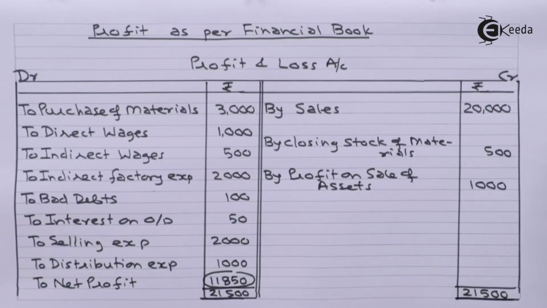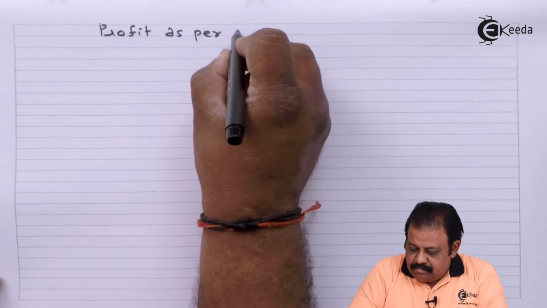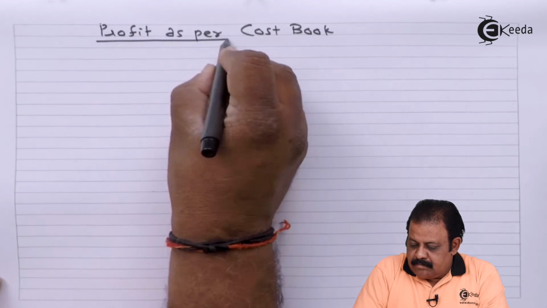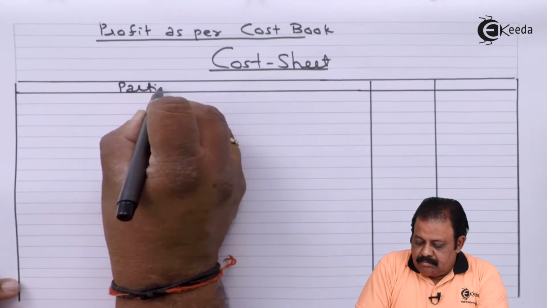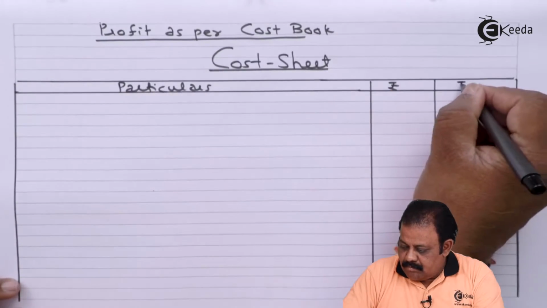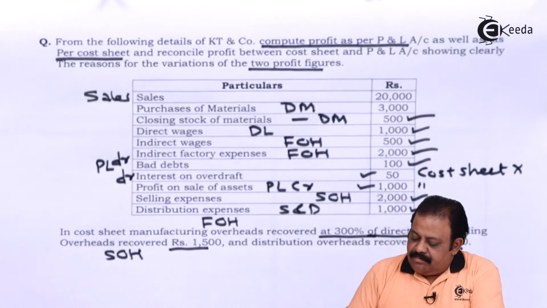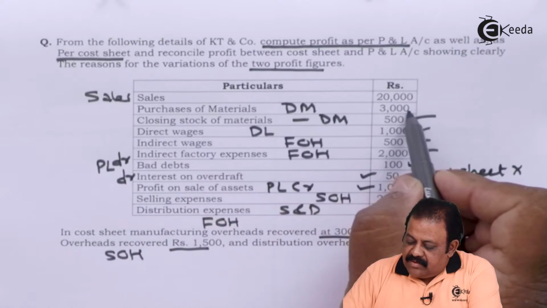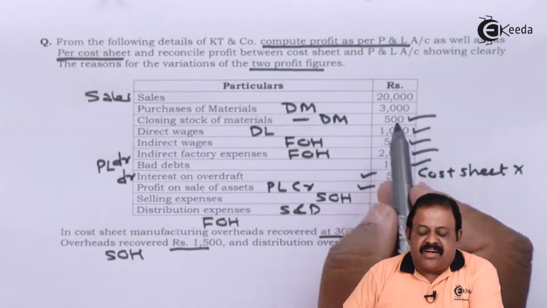Let us find out profit as per cost book by preparing cost sheet. Now we will prepare cost sheet to find out profit as per cost book. First we will consider direct material. Purchase of material is given 3000 and closing stock of material is given rupees 500.